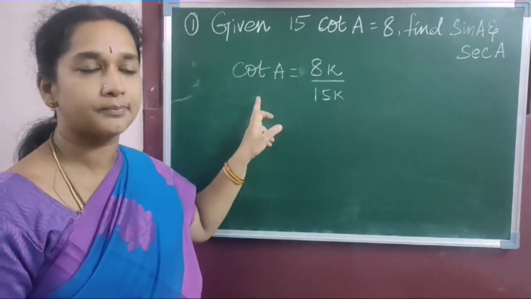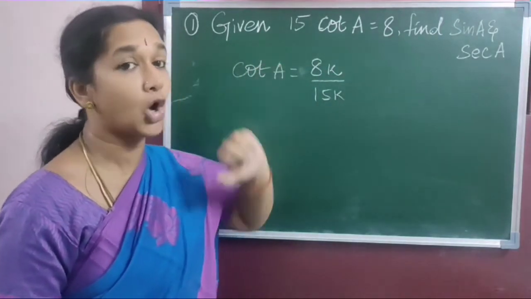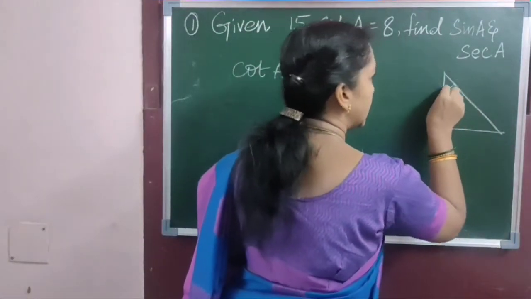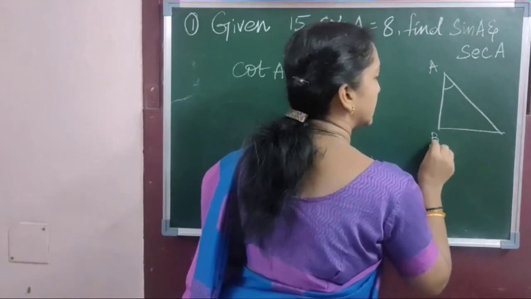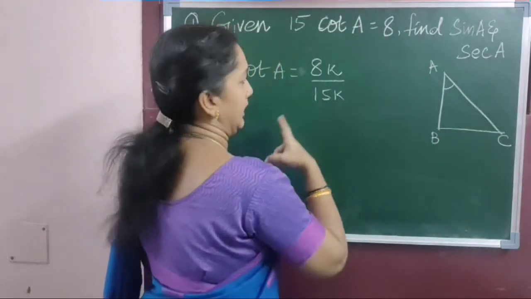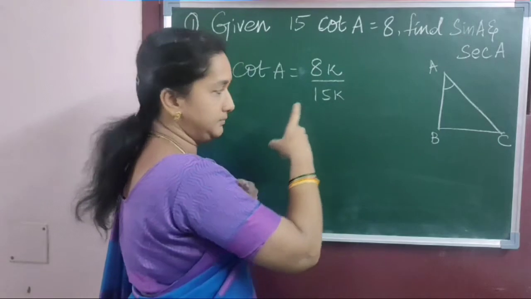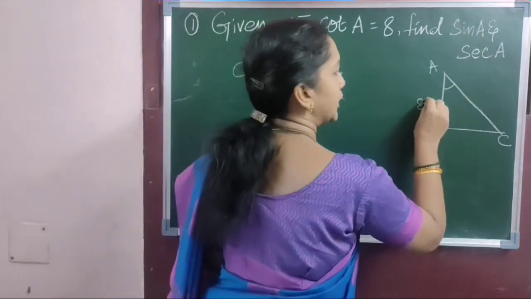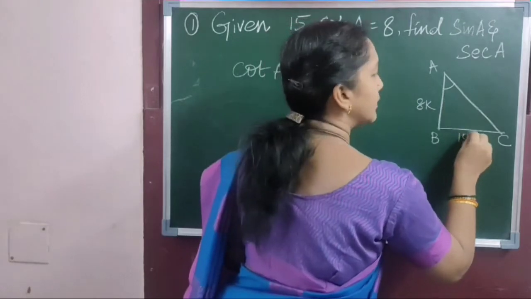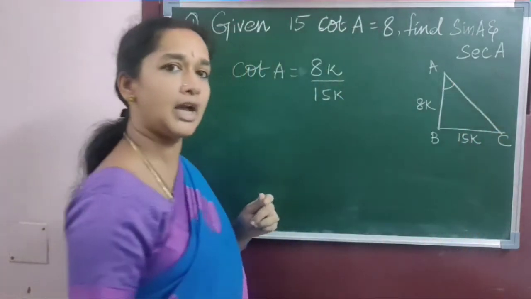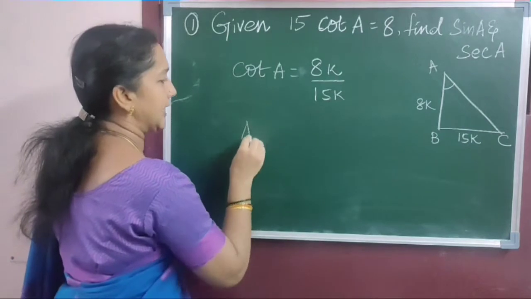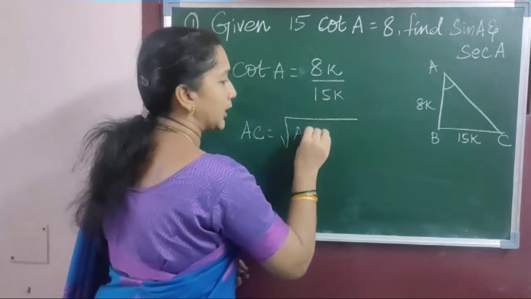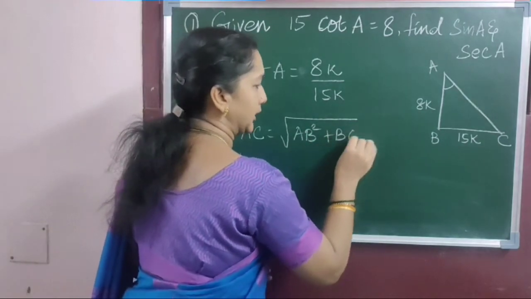So what is cot? Cot is adjacent by opposite. So if you take a right angle triangle ABC, adjacent by opposite side, here it will be 8k and here it will be 15k. So you need to find the hypotenuse side. That is AC is equal to root of AB squared plus BC squared.